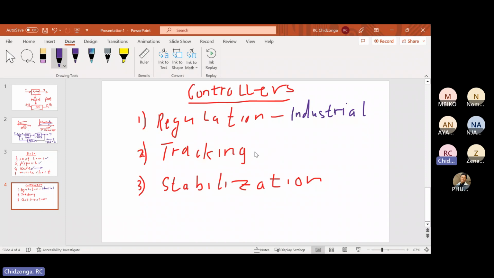The tracking can be understood if you consider what happens in the military sphere. In a tracking situation, or nowadays, if you think about a solar system, I'm sure most of us would have heard about a tracking solar system where the photovoltaic cells are not fixed at a particular angle, but they follow the position of the sun in order to maximize the incident power on the PV.